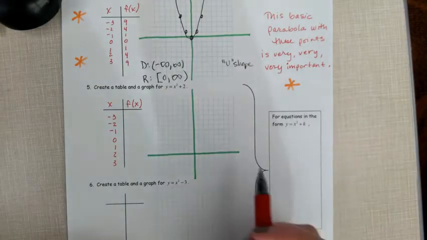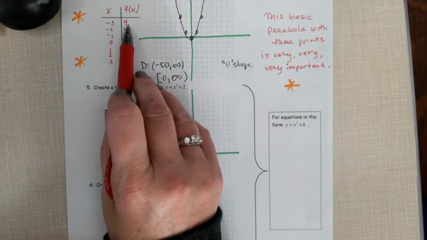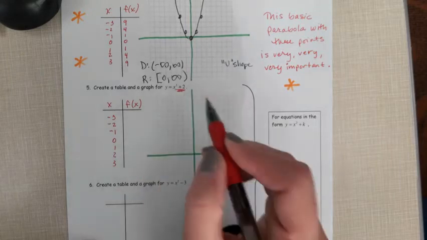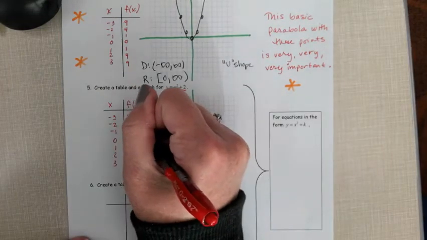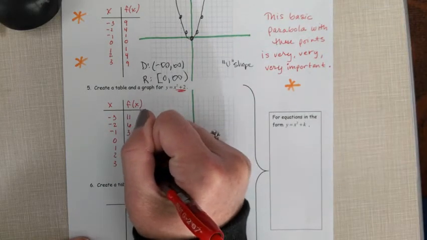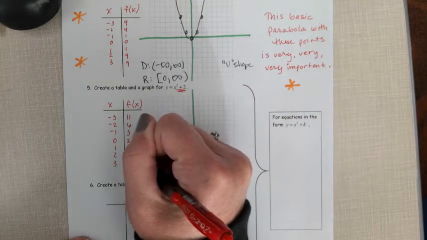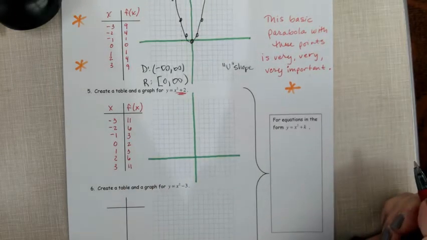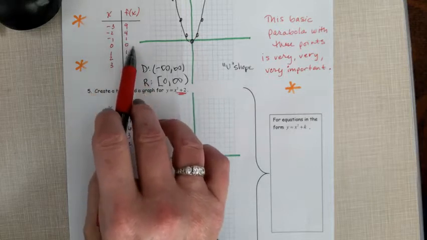Okay. Now, the old output was 9. You can probably imagine that this affects the output. So this next output is going to be 11. 6, 3, 2, 3, 6, 11. So I added 2 to this output.